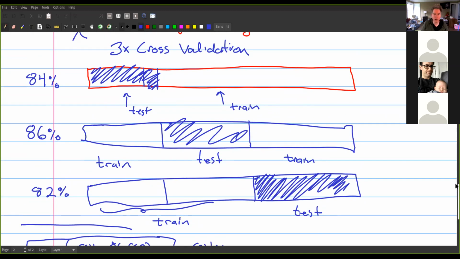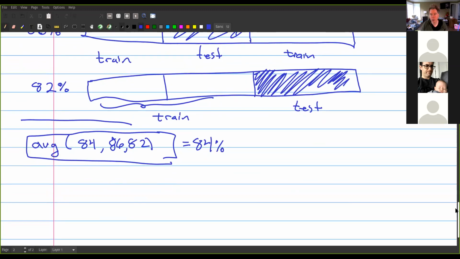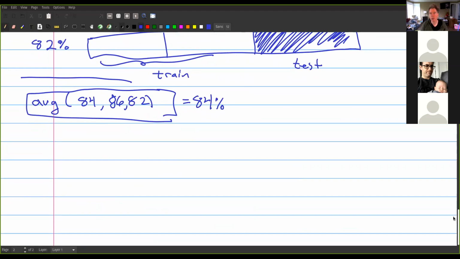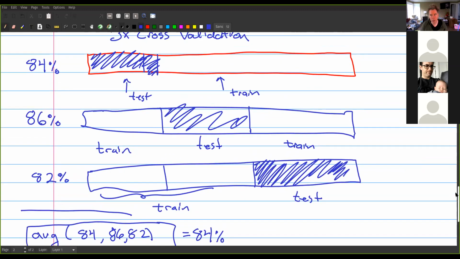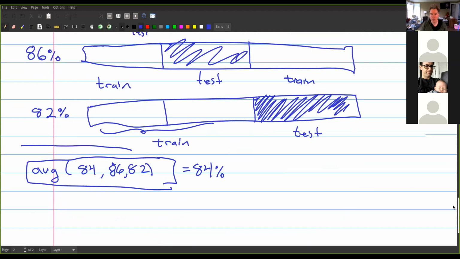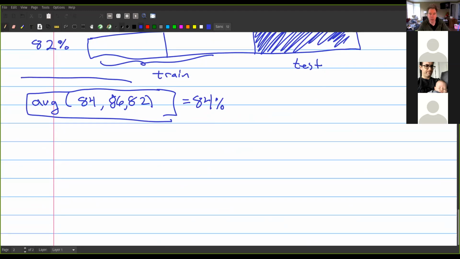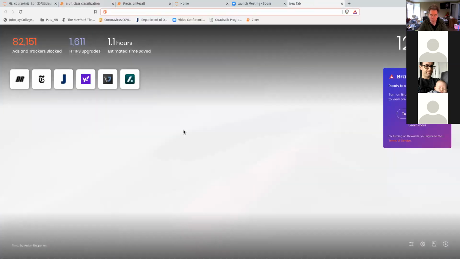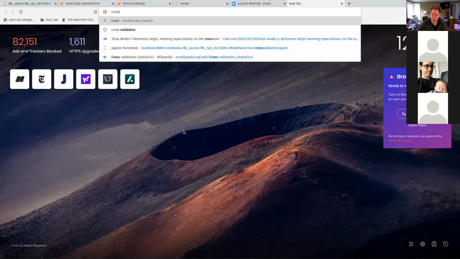And then you would try other hyperparameters too, and whichever one gave the best average performance across all of the folds of the cross-validation would be the best hyperparameter set. So it's more typical to use 10 than 3. Let's go here and we'll just look at the Wikipedia article on cross-validation.